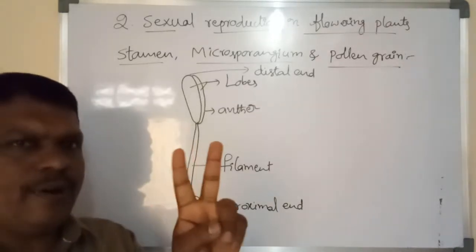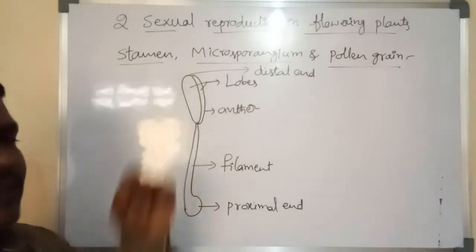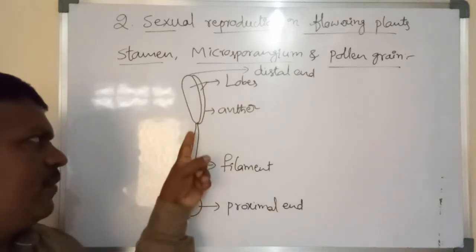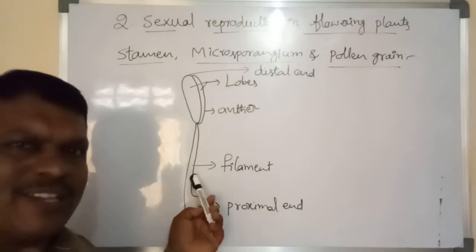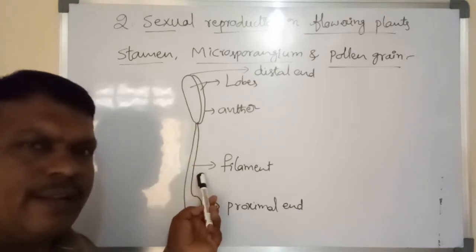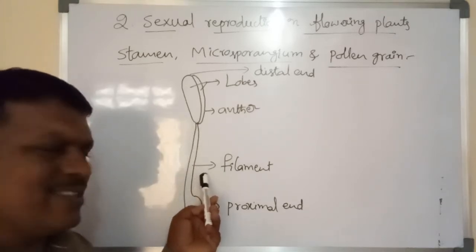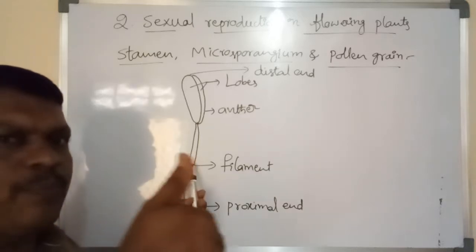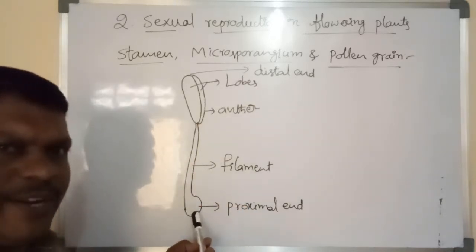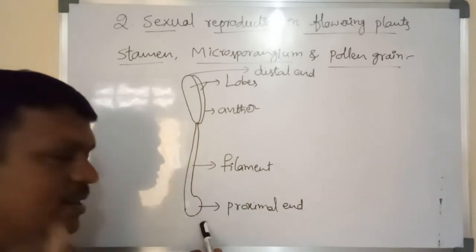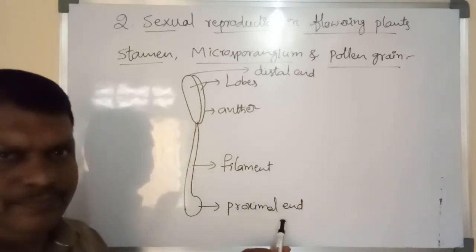Broadly, stamen has two parts, filament and anther. What is filament? Filament is a long, narrow, slender tubular structure which provides physical support to the anther. The base of the filament is also called the proximal end.